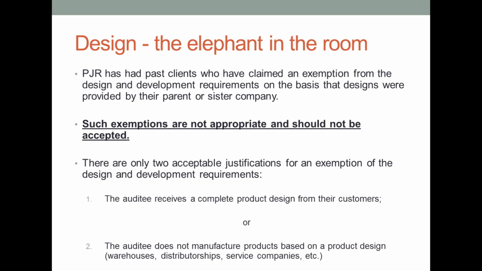There really are only two acceptable justifications for exempting design and development requirements. Either you are receiving a complete product design from your customers or from customer representatives, or you do not manufacture products based on a product design. So warehouses, distributorships, service companies, and so forth.